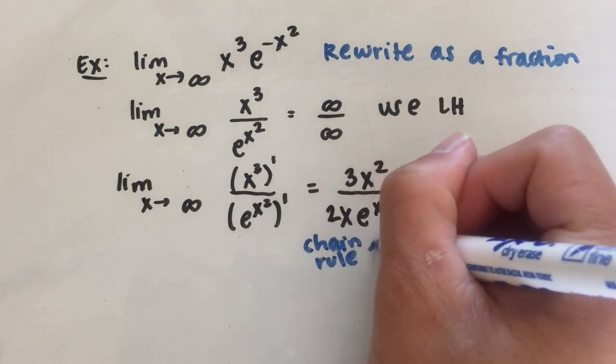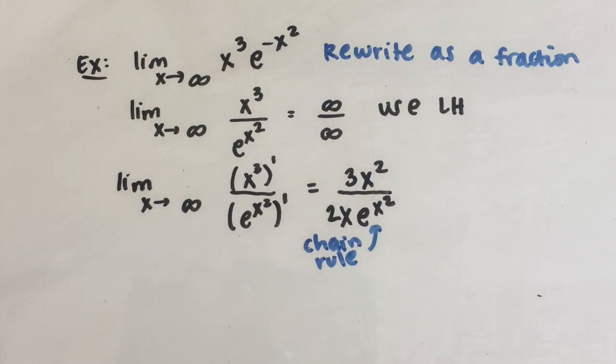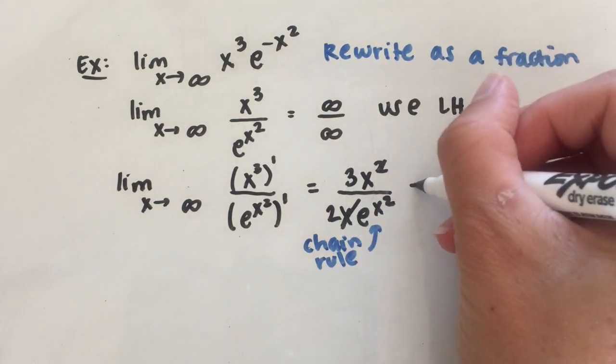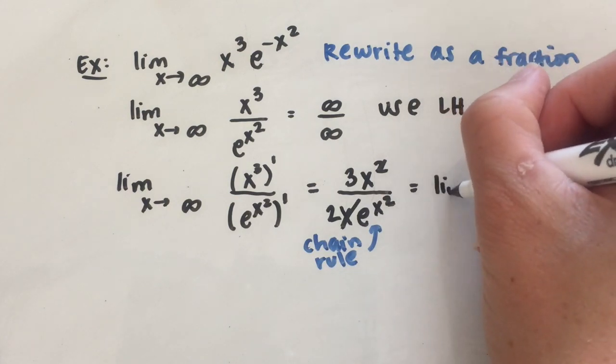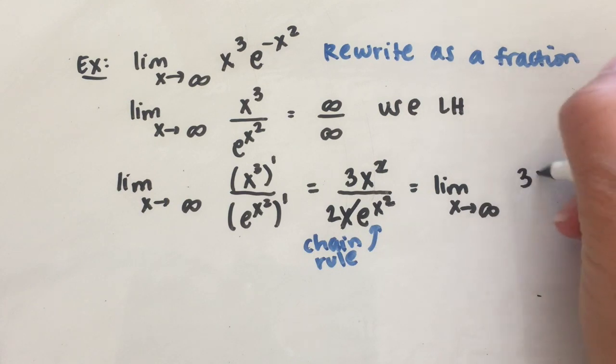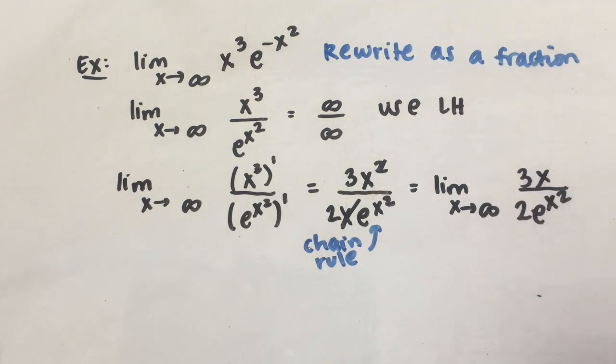So we have 2x times e to the x squared because we took the derivative of x squared. So now we can cancel those x terms and we get the limit as x goes to infinity of 3x divided by 2 times e to the x squared.